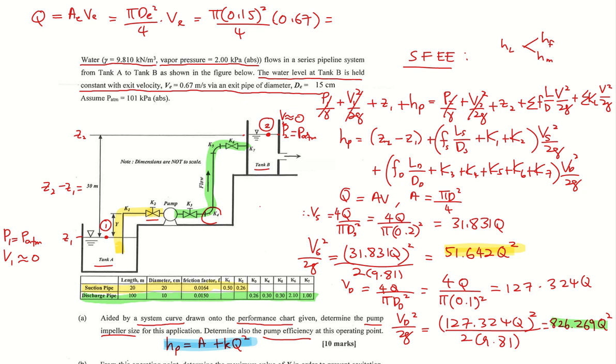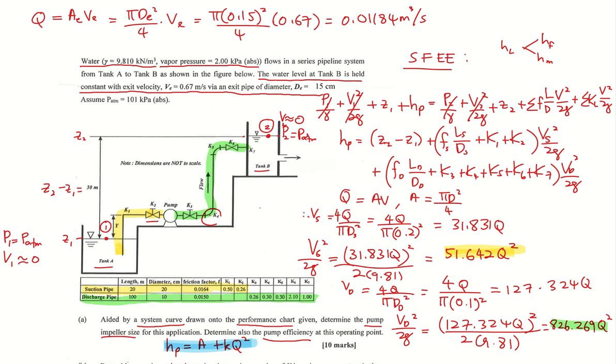So what do we get here? Let me calculate first. This one is 0.01184 meter cube per second, sorry. This is the flow rate. All right. But on the graph it is liter per second. So how do you convert?